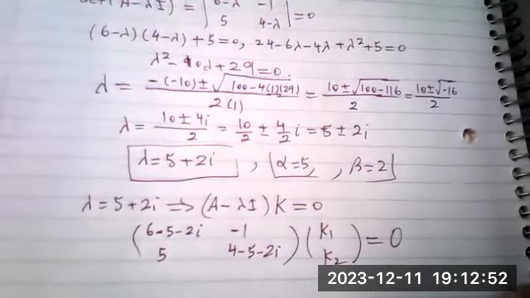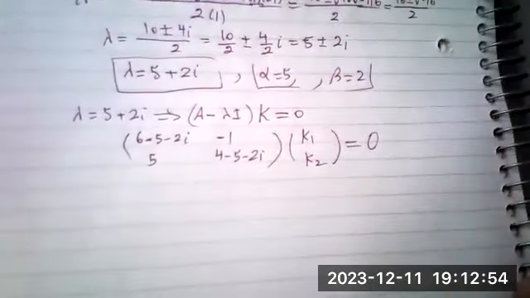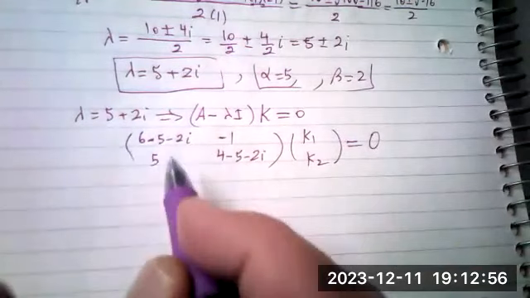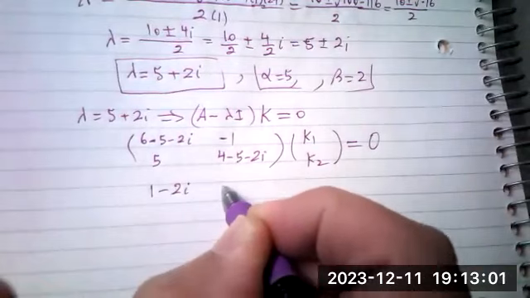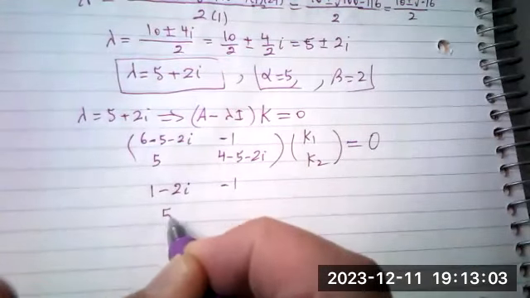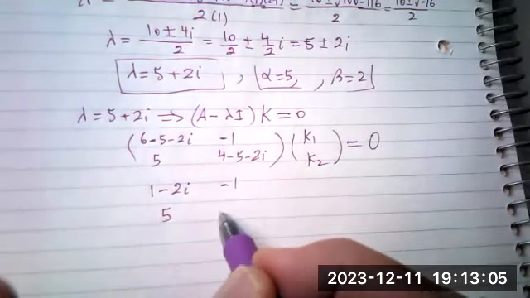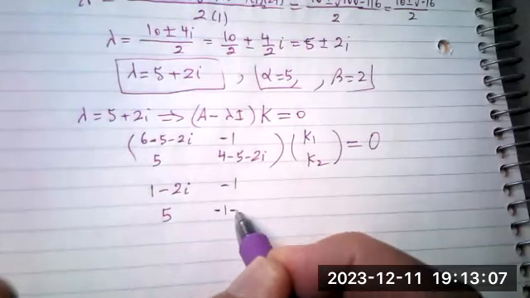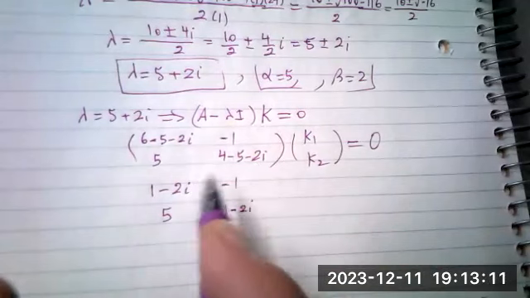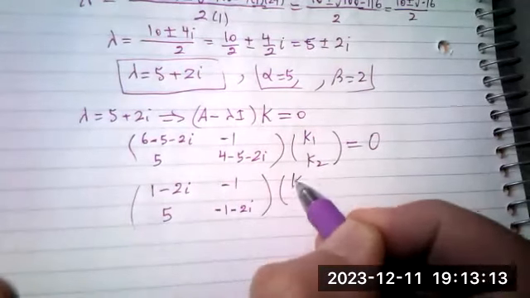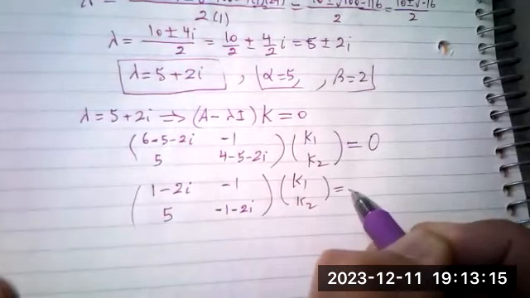Okay. So you simplify, just one row would be enough. So the top would give us 1 minus 2i and the negative 1, and the bottom is 5 and negative 1 minus 2i. Okay. So we pick one of them. We pick the first one.